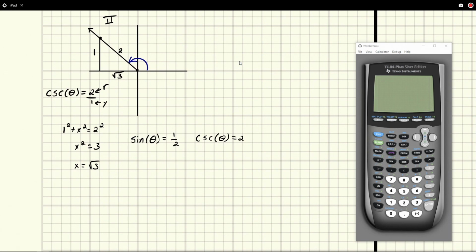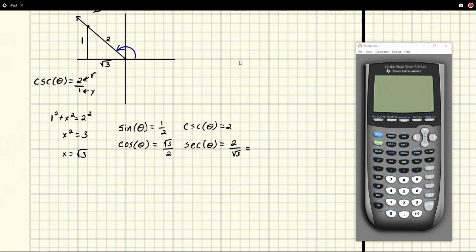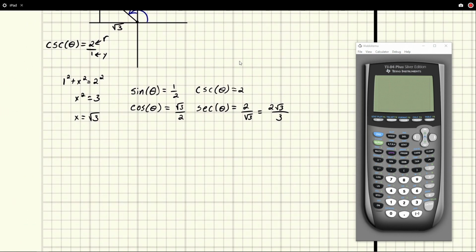Now we can find cosine theta. Cosine theta is adjacent, which is rad 3, over hypotenuse, which is 2. And the reciprocal of that is secant theta, which is going to be 2 over rad 3, which is equivalent to 2 rad 3 over 3, if we rationalize this denominator. And then we have, finally, tangent of theta.